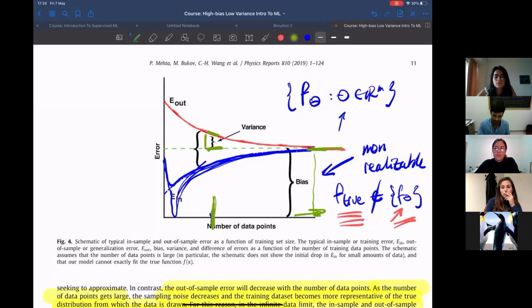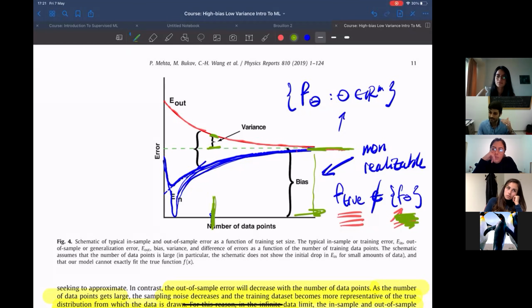This difference quantifies how far you are, in terms of performance, from the best function in the hypothesis class. Again, the best function in the hypothesis class means the one you would learn if you had access to infinitely many training samples.